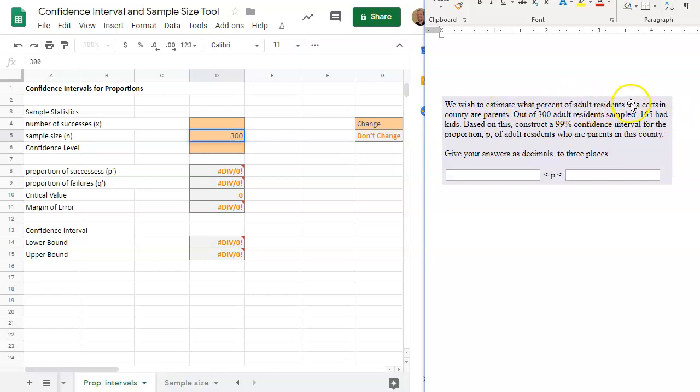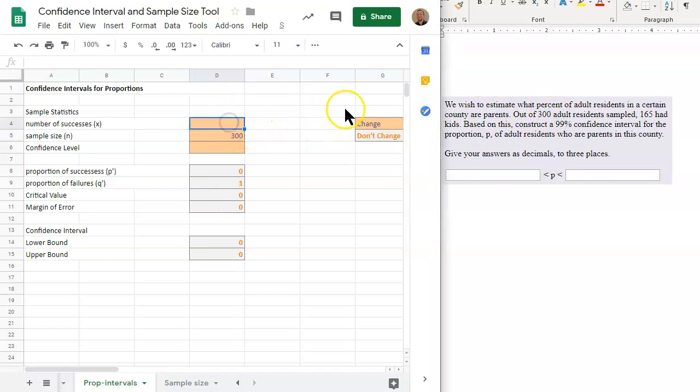So in this problem, we are determining the % of adult residents in a certain county that are parents. Well, we've determined that 165 had kids, so they're parents. 165 are parents out of 300. So in that case, having kids or being parents, same thing, is the success, considered success, or X.